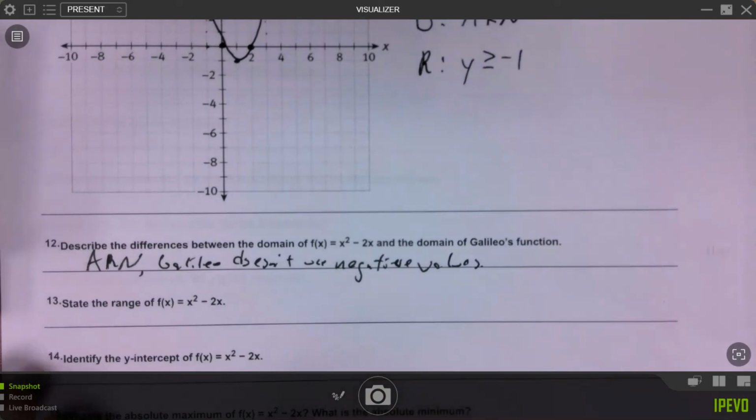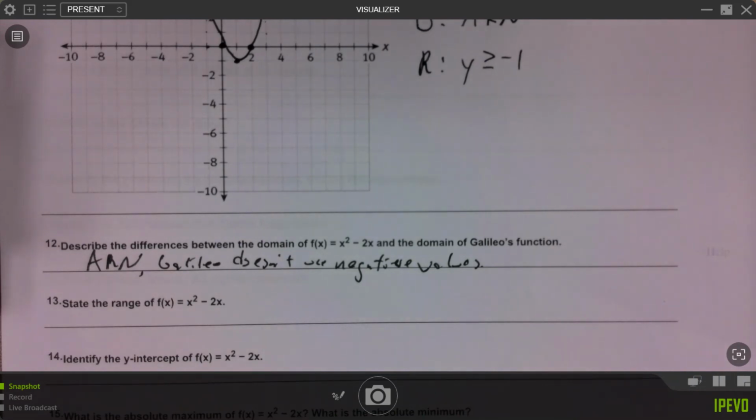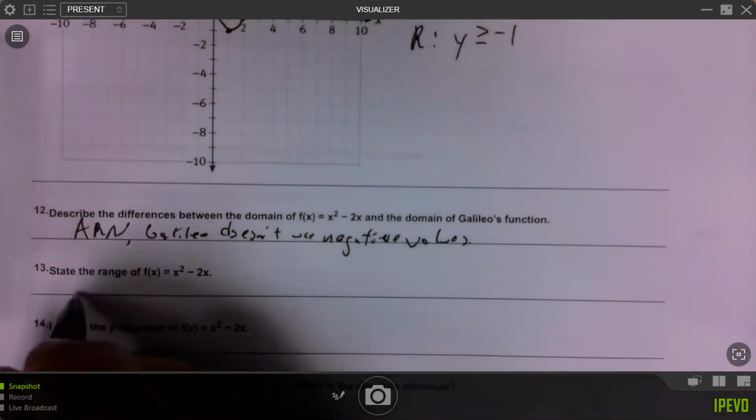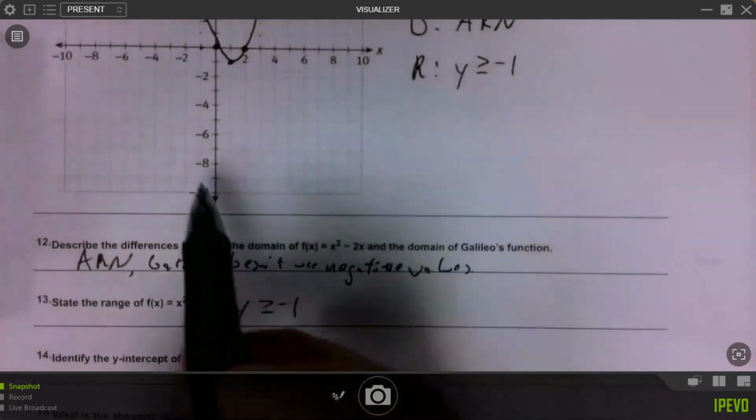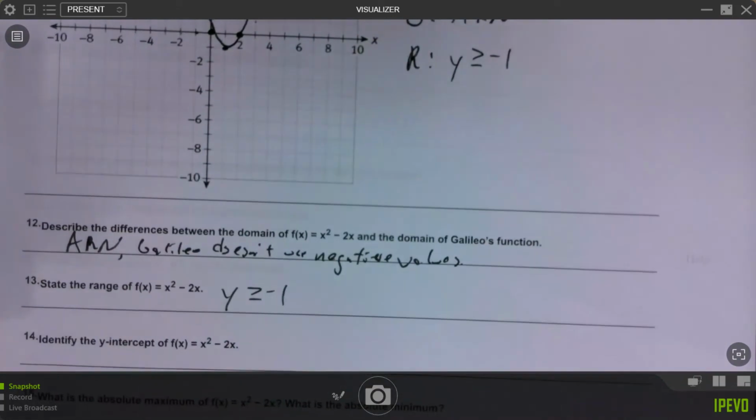That would work good. I'm looking at what they have on the answer key. Pretty much the same thing. The domain of Galileo's function is limited to values of x that make sense in the real world situation, non-negative. It also stops at 10 seconds. Now, we already did the range here. y is greater than or equal to -1, starts at -1 for the low point and goes up.